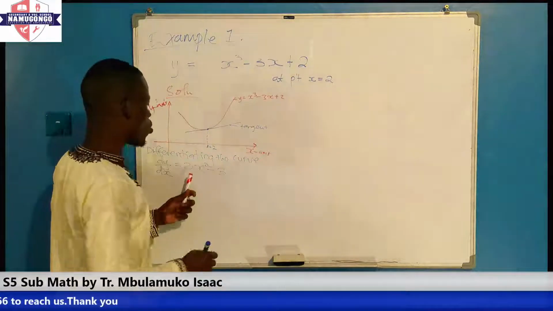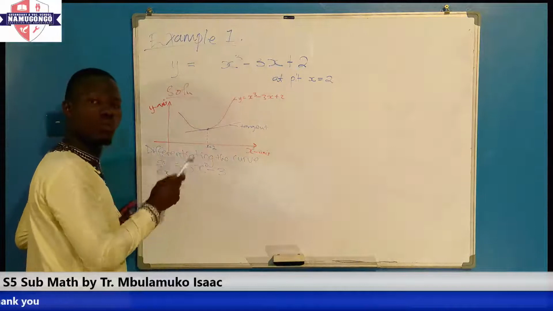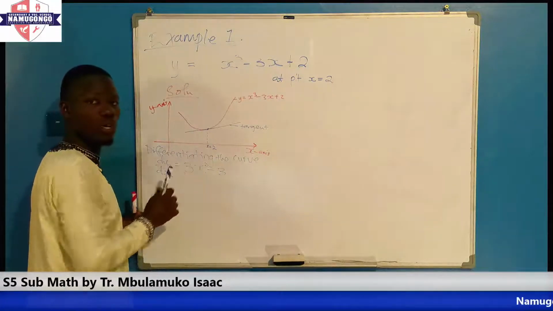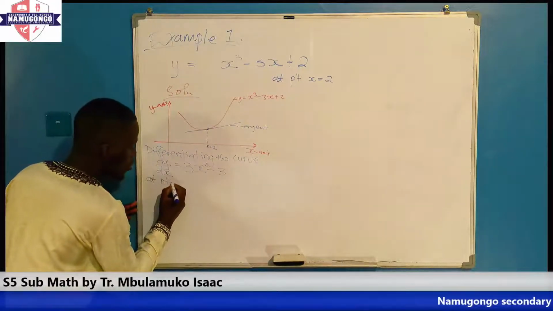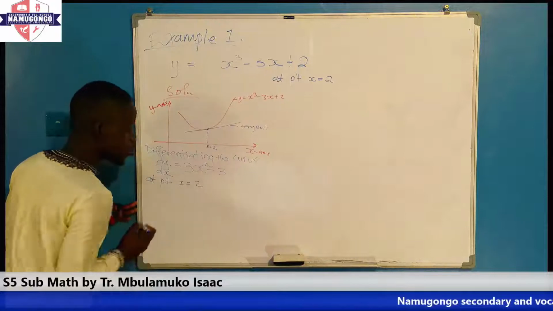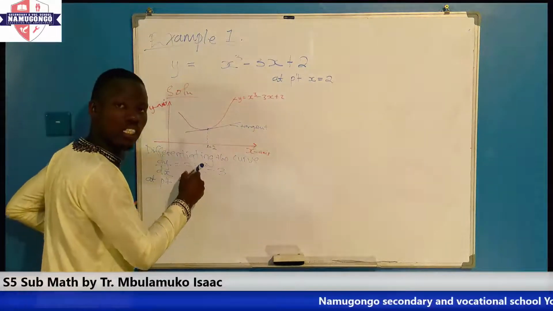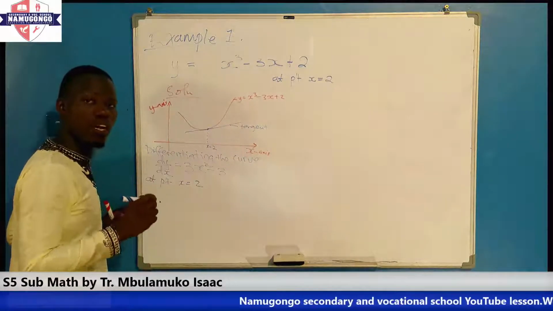But recall that the gradient of the curve is equal to the gradient of the tangent. And they have told us that they meet at this point. So at the point x is equal to 2, we shall substitute our value of x in the gradient. When we substitute it there, we get a definite value for the gradient.